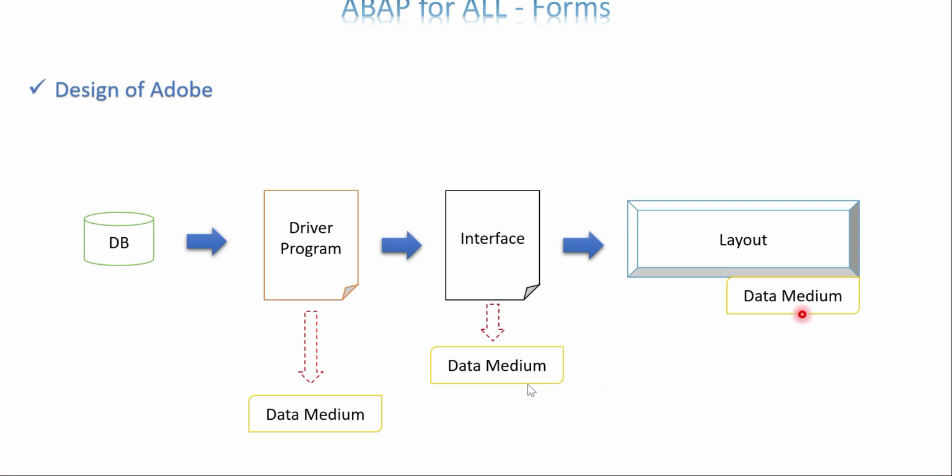So like this, we need to identify what is the data medium of a particular field. The customer is asking how this address is getting populated. So you have to go to the layout and find the relevant data medium of the particular field. Here the data medium represents the context level.